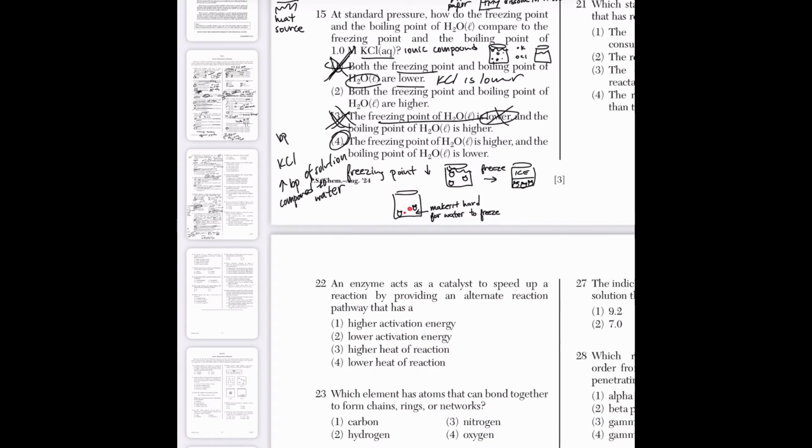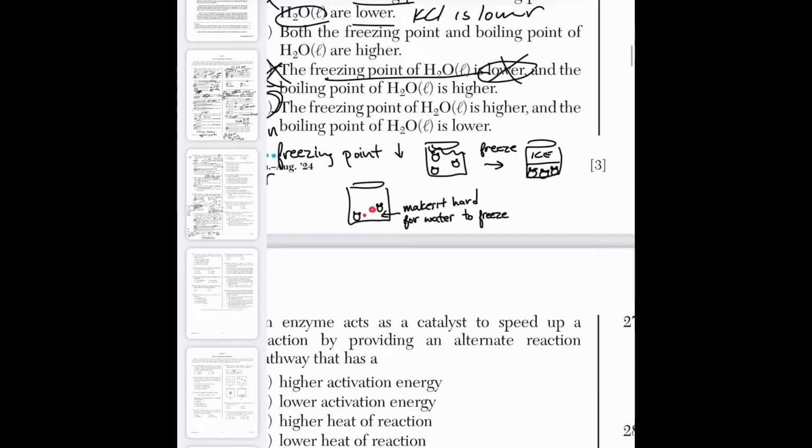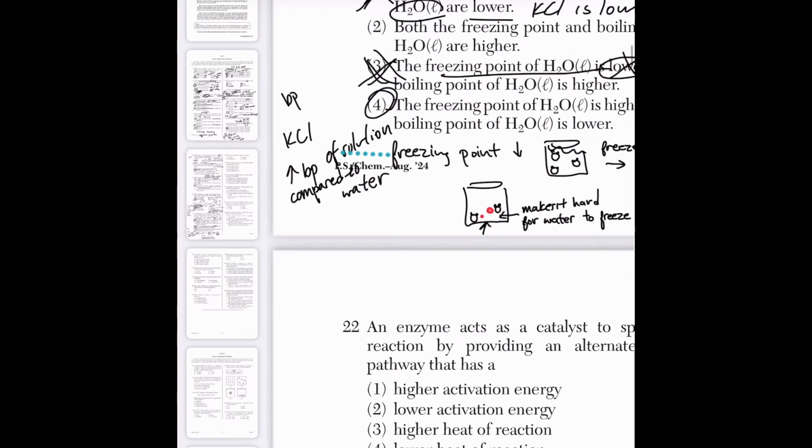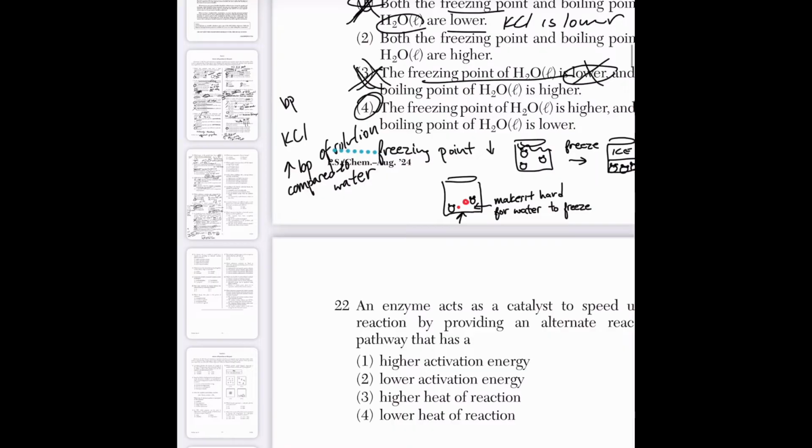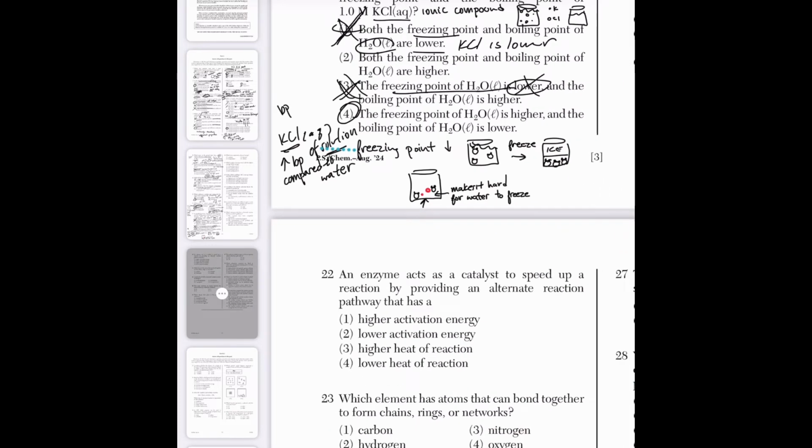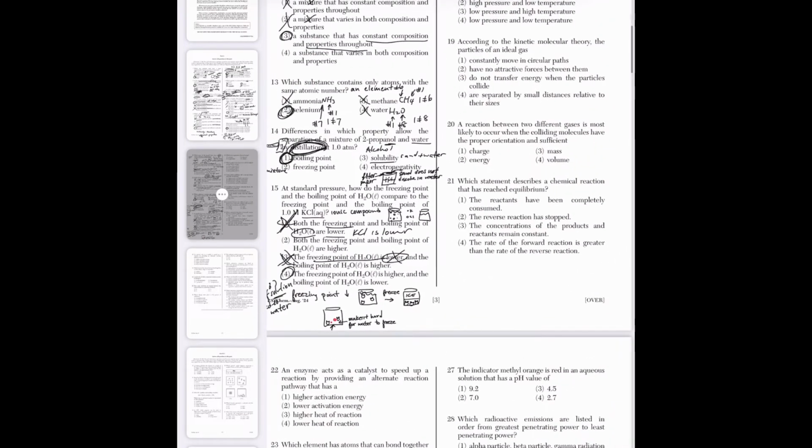Water has a lower boiling point than KCl, but a higher freezing point than KCl, because the dissolved KCl makes it harder for the water to freeze. So the freezing point of KCl is lower, and the intermolecular forces of attraction mean that this solution requires more energy to boil, so the boiling point will be higher than that of H2O.